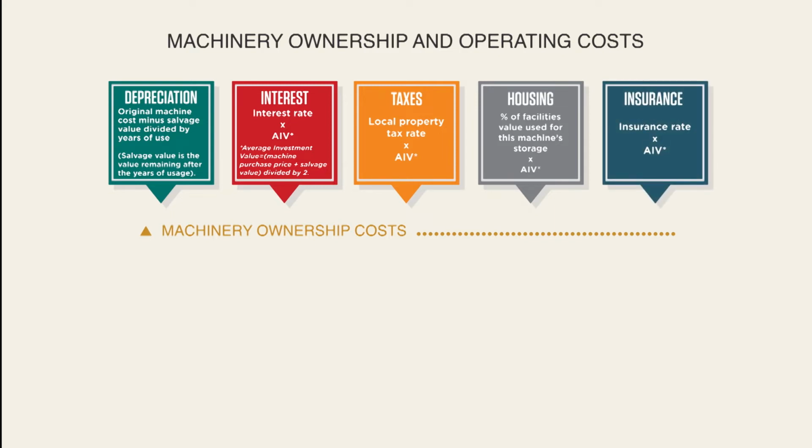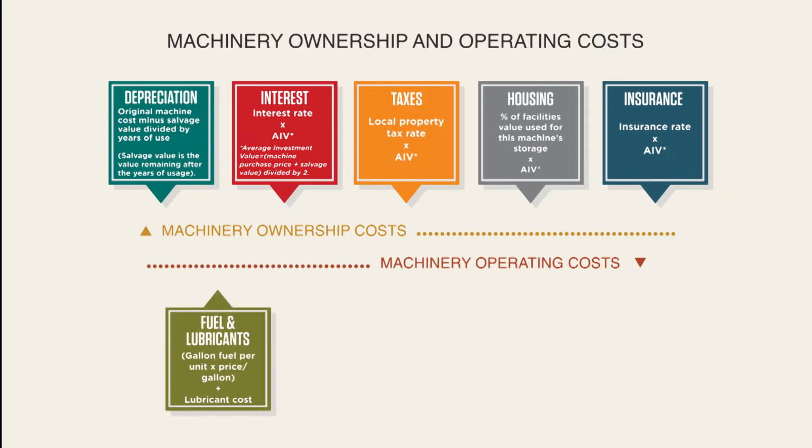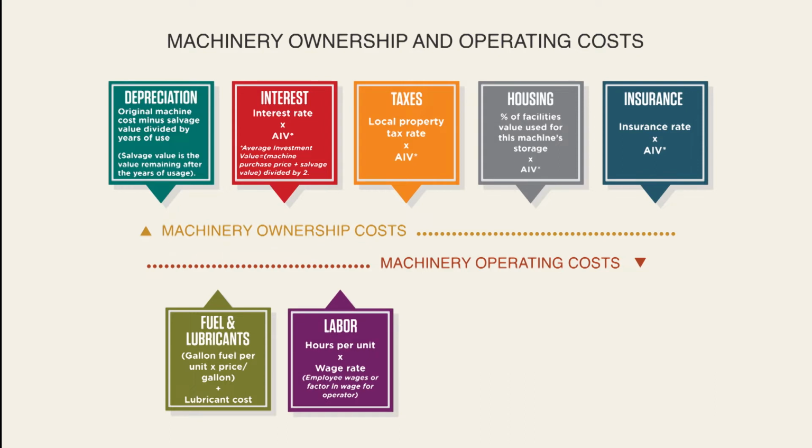But then there's the operating costs too that we need to add together, and that's the fuel and lubricants, labor costs. Are you paying somebody else to operate, or are you charging for your time appropriately to do these kinds of machine hire jobs? Machinery repairs and maintenance can be huge as well, and so that needs to be taken into consideration.